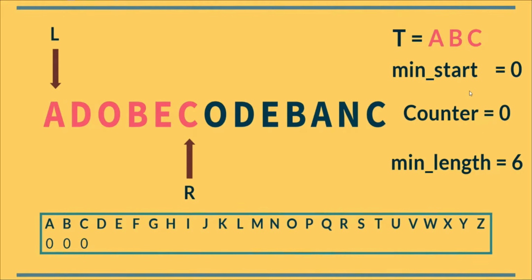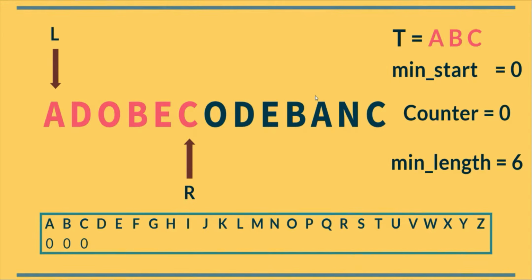At this point, counter is equal to 0, which means we have a valid substring on our hands. So we make a note of this valid substring. The min start now becomes 0 and the min length becomes r minus l minus 1, which is 6. So it replaces the previous int max which was there as min length. Now our min length is 6.